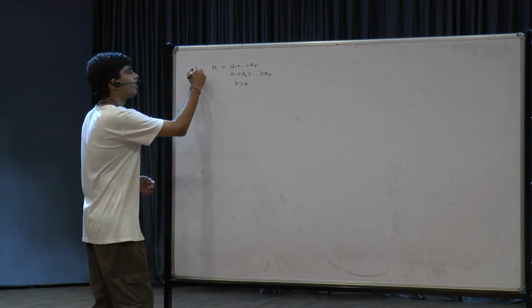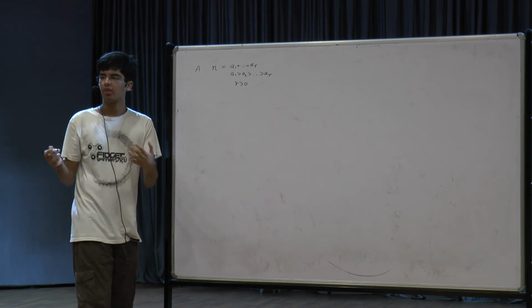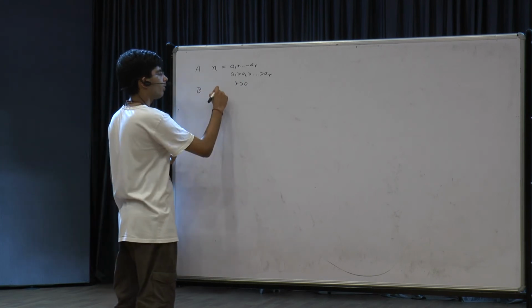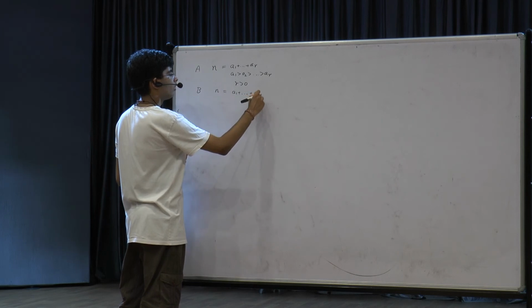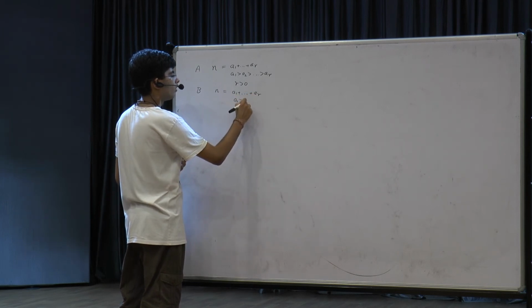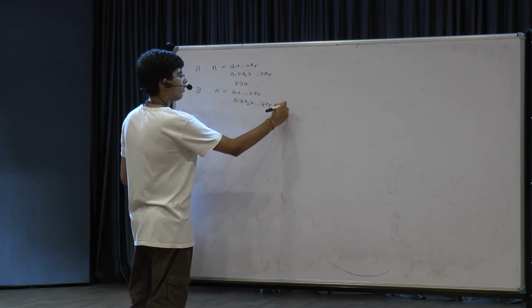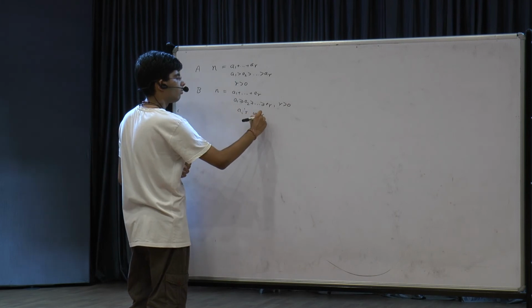So this is our A, the number of such partitions of n where the parts are distinct. And our B is the number of partitions of n such that the ai's are odd numbers.